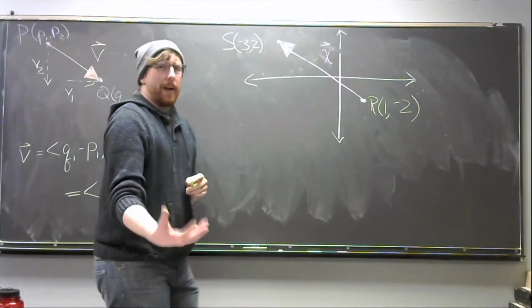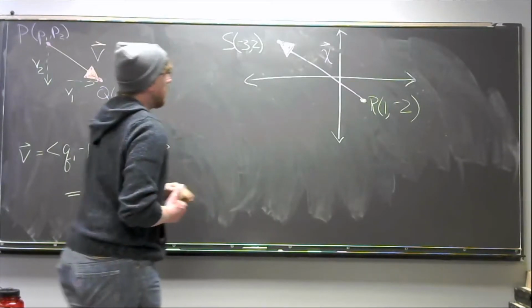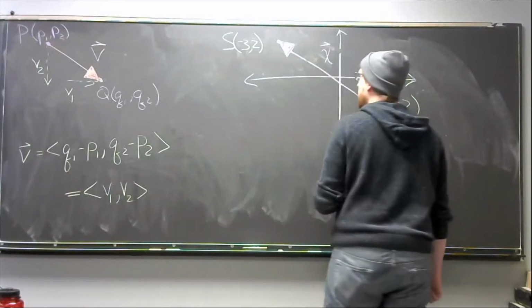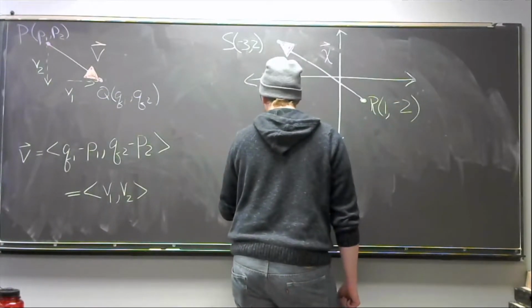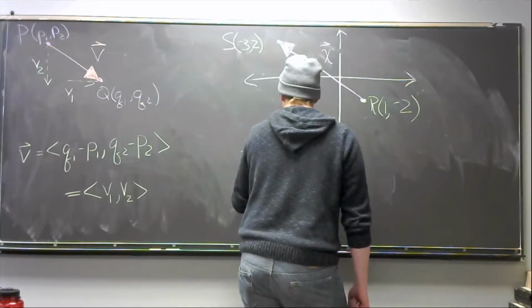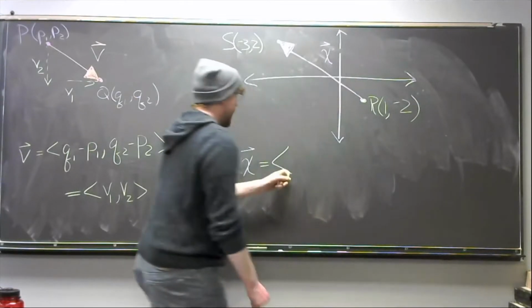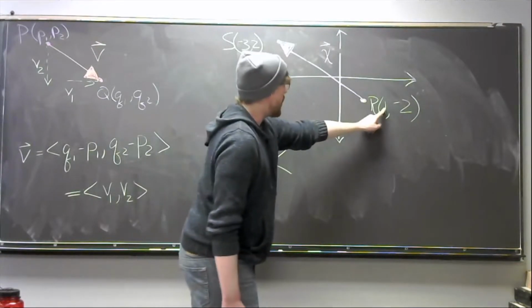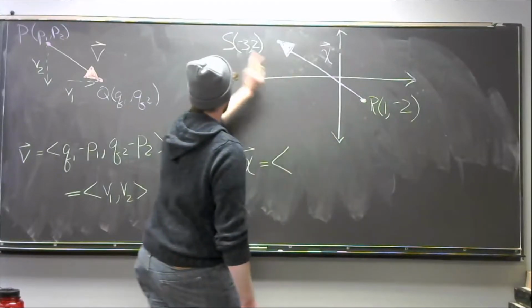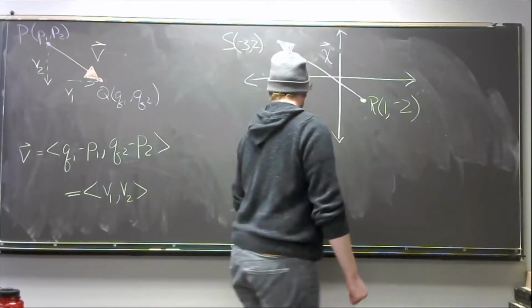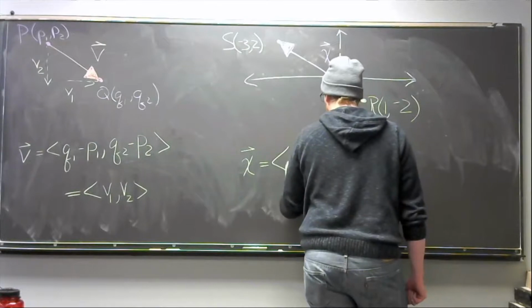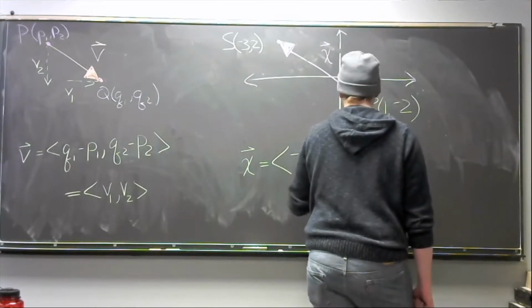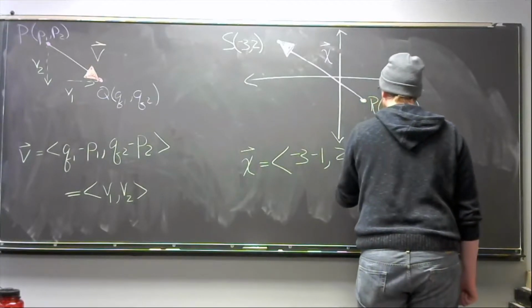Now we want to write x in component form. Well, we just talked about it over here. X in component form is going to be, angled bracket, negative 3 minus 1, comma, 2 minus negative 2.